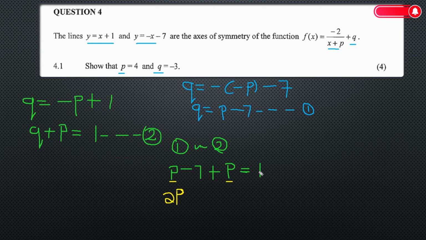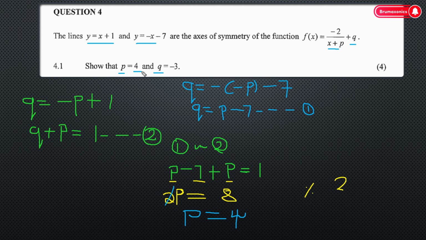And then minus 7, let's take this to the other side, because we are going to do that at the end. So let's take this to the other side, and that will be 7 plus 1, and then you're going to get 8, right? So this is equal to 8, and then we are going to divide both sides by 2 so that we can cancel this one, and then here we are going to get p is equal to 4.